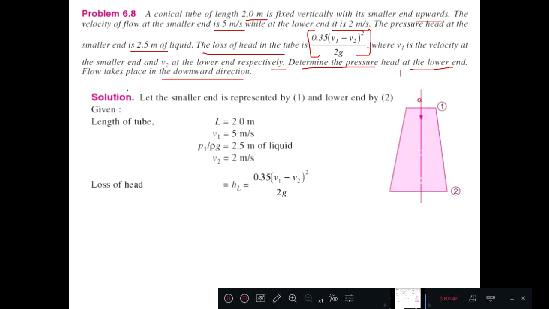So draw the figure like this. This is the conical tube of length 2 meter. So the length is given as 2 meter here, and this is the upper end.